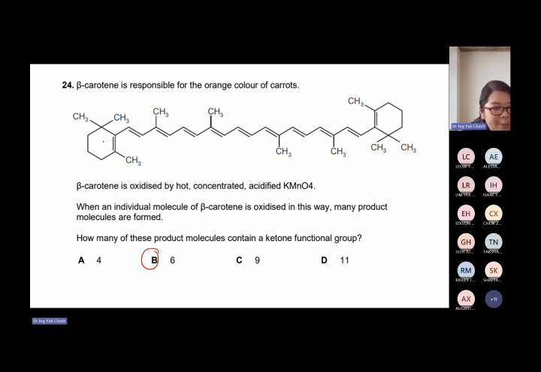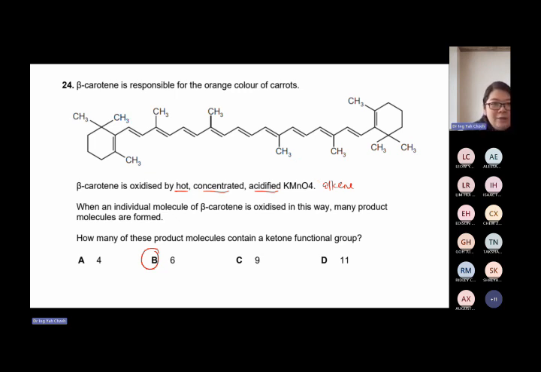For those who cannot remember, why 6 molecules? You have this whole molecule reacting with hot concentrated acidified KMnO4, so that would be the alkene reacting. But of course, if there is an OH alcohol, primary and secondary alcohol and other functional groups that can be oxidized, they will also react.